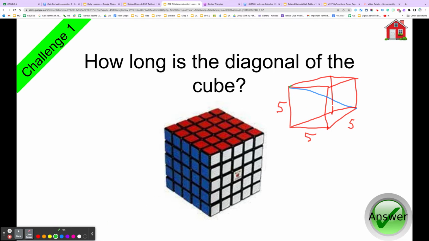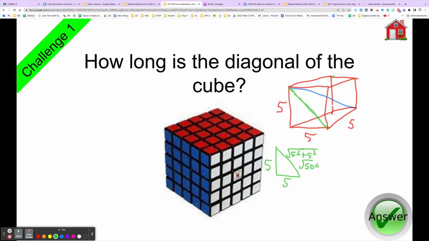Can you visualize this is the hypotenuse of this 5 by 5? If I were to draw that, we'd have a 5 by 5, and this right here would be the square root of 5 squared plus 5 squared. That's what that distance there would be, so it would be the square root of 50, approximately, which is about 7-ish.